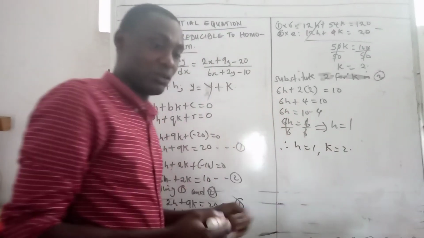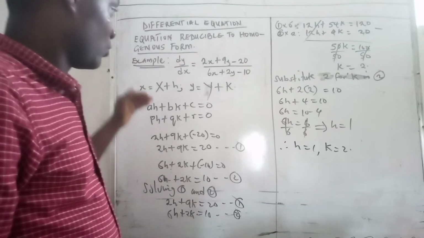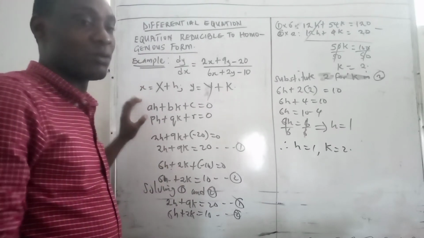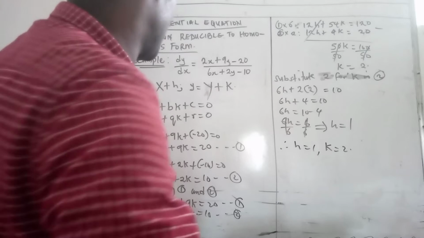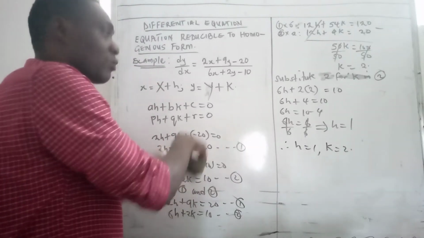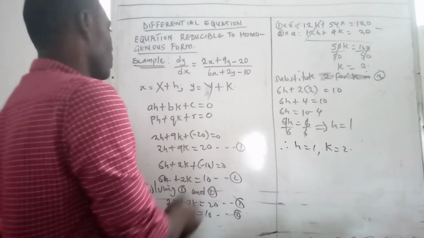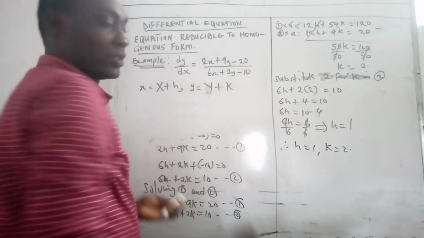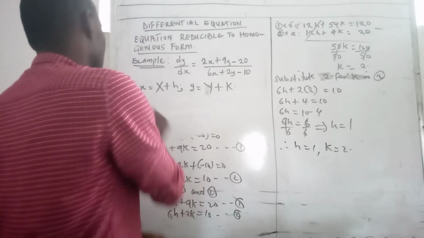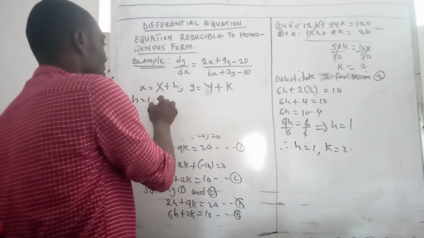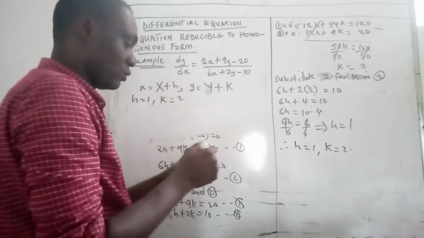I'm going to keep these values somewhere so that we can make reference to them when we need them to substitute. So I'm going to put them here. From our calculation, h is equal to 1, k equals 2.